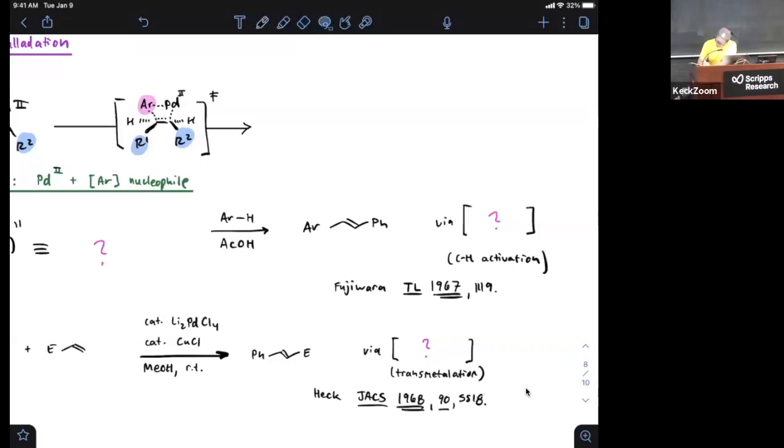Okay, and now what's going to happen next? So let's form those bonds first fully. Syn addition. All right, and what's next?